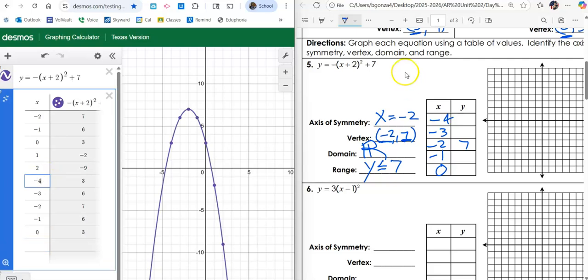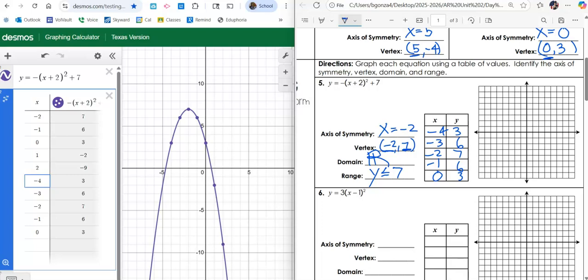Starting here, I'm going to write all those numbers down. It says 3, 6, 7, 6, 3. All right. And then, here's your last step.